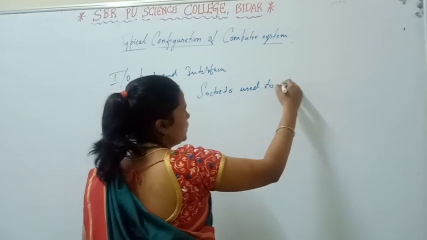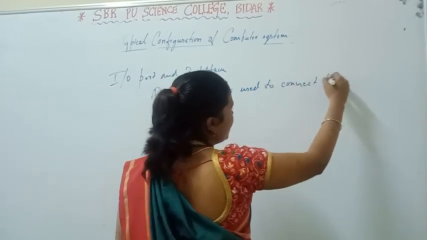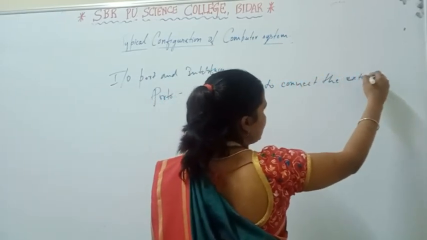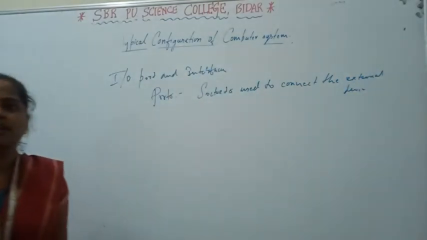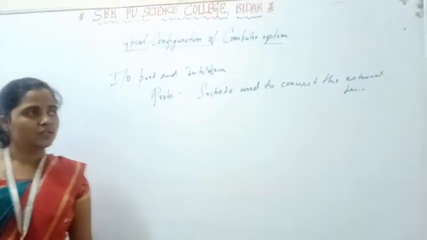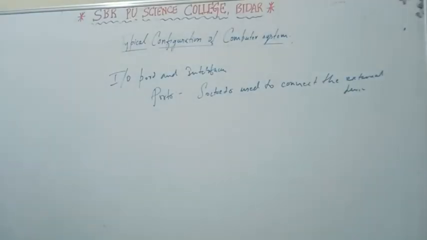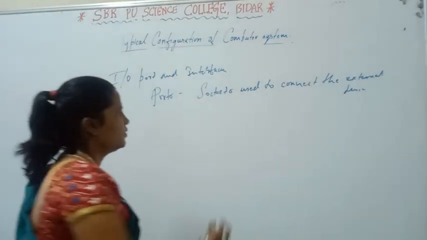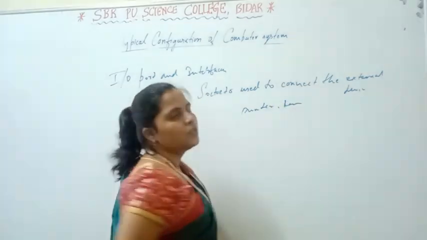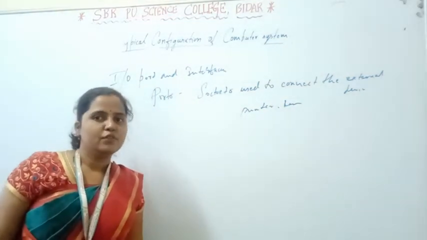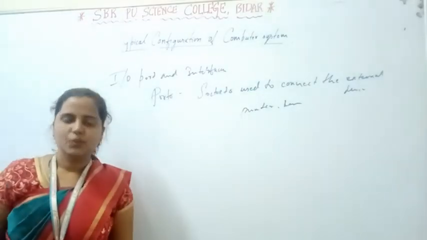The sockets used to connect the external devices are termed as ports. So what kind of devices can we connect? We can connect a printer, a keyboard, a mouse. All these are examples of devices which we can connect to a computer.